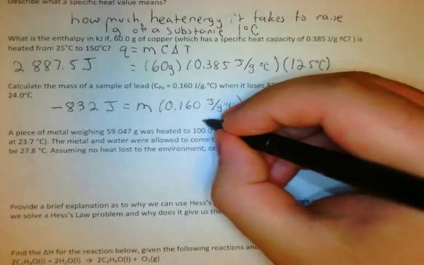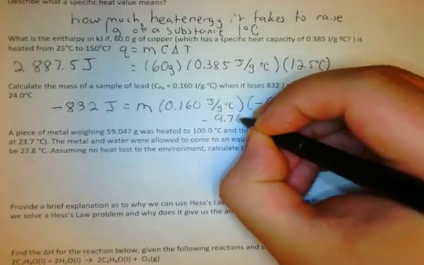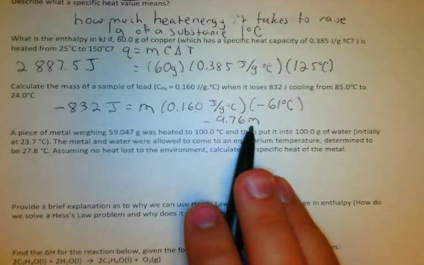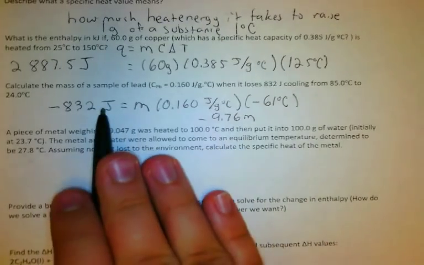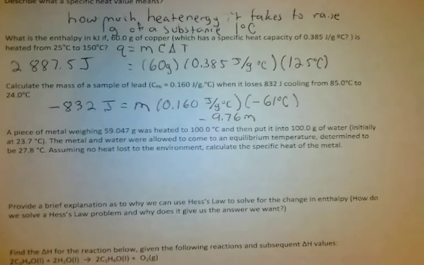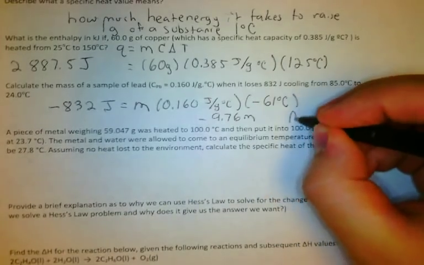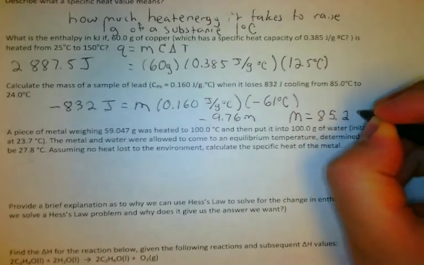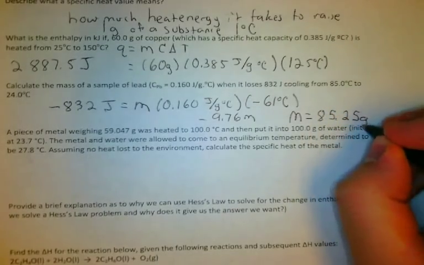And that gives me a negative 9.76 m because I multiplied the mass. If I want to get m by itself, I divide that over. So negative 832 divided by negative 9.76. And our mass ends up being 85.25, with some rounding, grams.